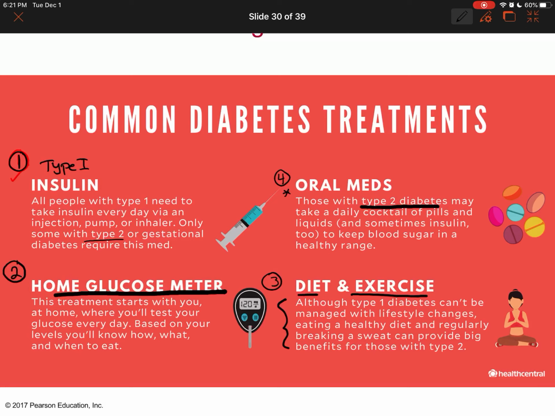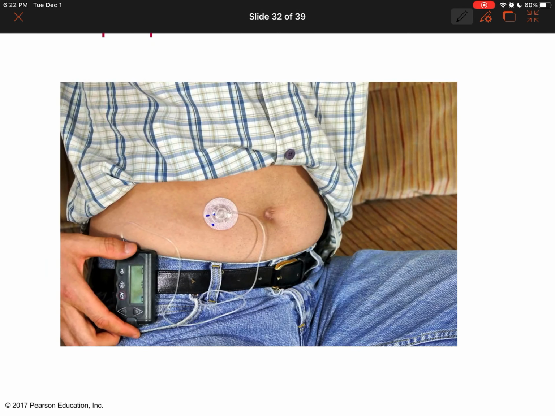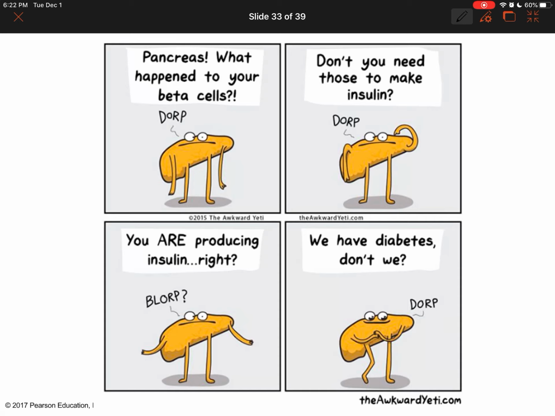If you are obese, which is linked with type 2 diabetes, diet, exercise, and also your textbook goes on to describe bariatric surgery, which is to staple the stomach or to limit the size of the stomach.